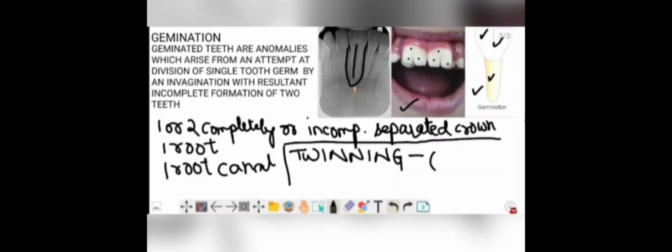That means when the tooth germ divides, it will give rise to two tooth germs. One will give rise to a normal structure and the other, the extra tooth germ, will give rise to a supernumerary tooth. So what is gemination? It is an anomaly which arises from an attempt at division of a single tooth germ by an invagination with resultant incomplete formation of two teeth.